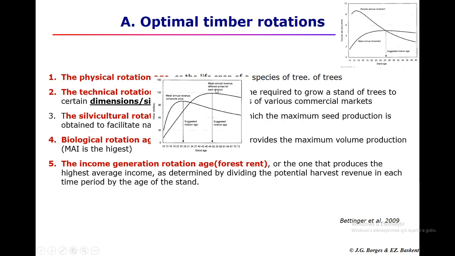This is, for instance, the maximum revenue that we could get with respect to the age. So this age becomes the rotation age in terms of revenue generated with respect to the age period.